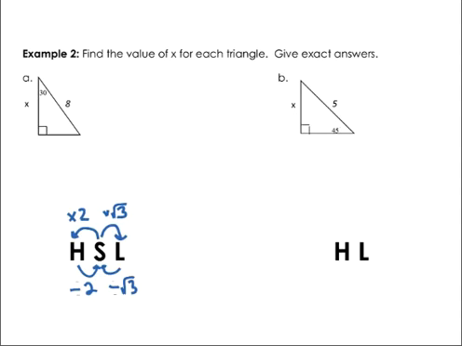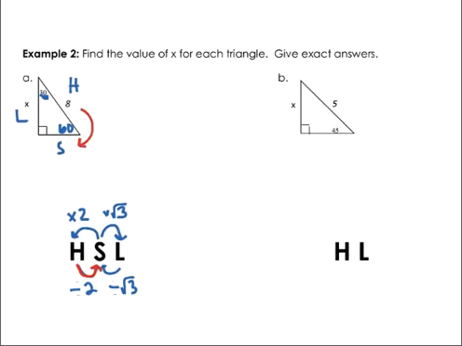Alright, so you see here that we have 30 degrees, which makes this the 60. 8 is the hypotenuse, because it's across from the right angle. X is the long leg, because it's across from 60. And then we don't know what this short leg is. So I know the hypotenuse. If you look down here, to get from the hypotenuse to something else, we can only go to the short leg.